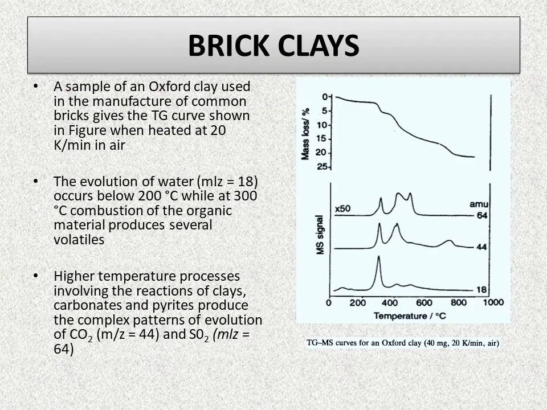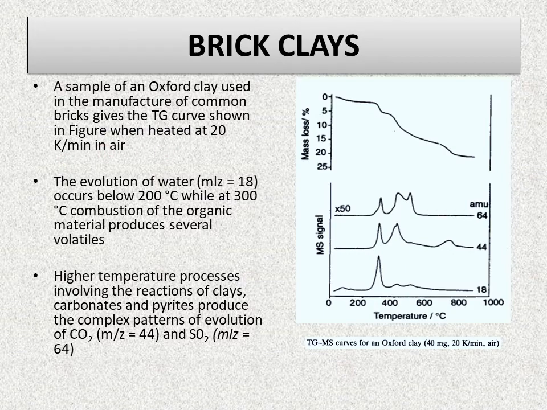And the last example is brick clays. So here on the right side we can see the TGMS curves for an Oxford clay. A sample of an Oxford clay used in the manufacture of common bricks gave the thermogravimetric curve shown in the figure, heated at 20 Kelvin per minute in air.